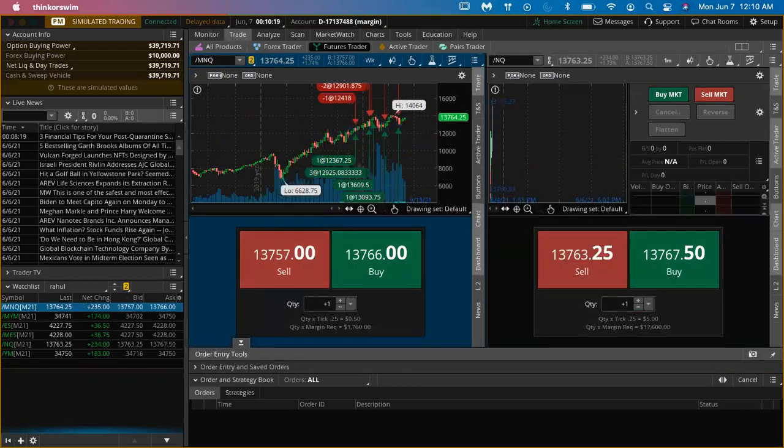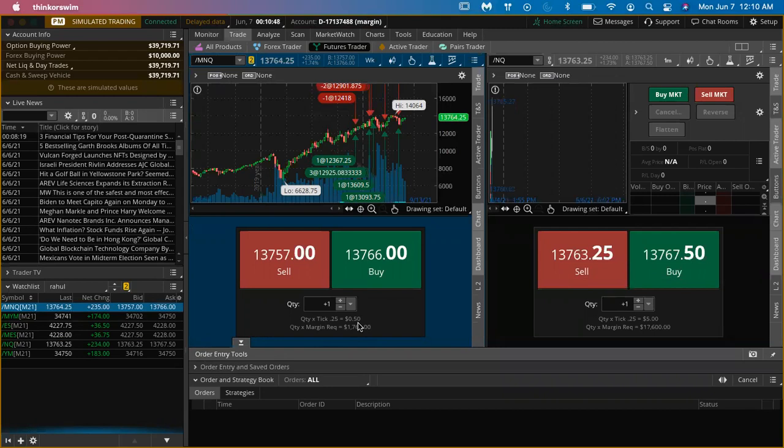So the important point I want to show you here: suppose you want to trade /MNQ, that means micro lot. So you need the margin of $1,760, right? And here it says that quantity into tick 0.25 is equal to 0.50, right?